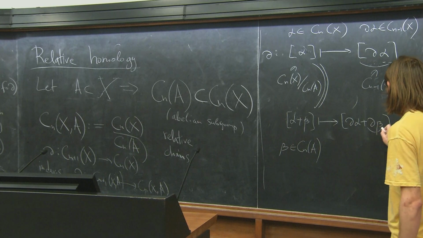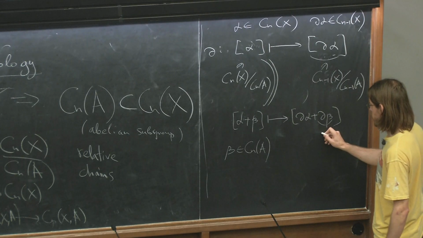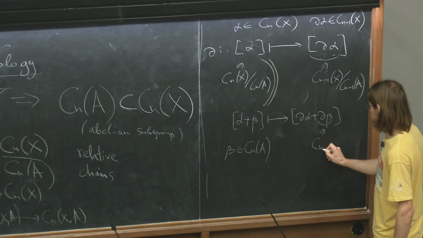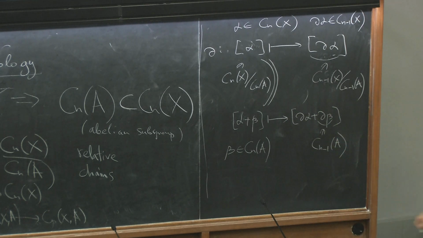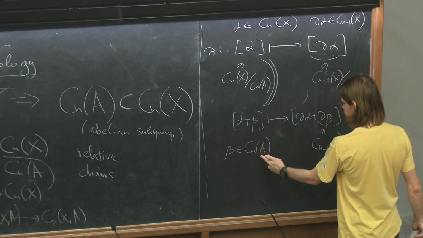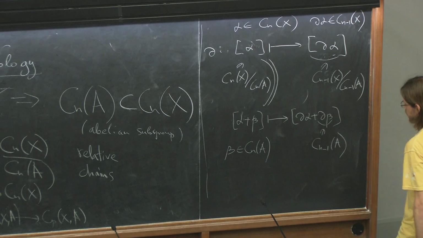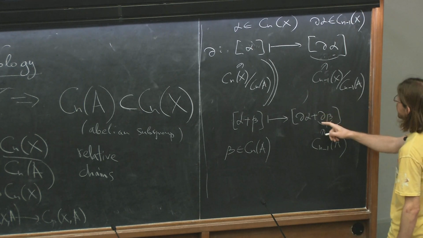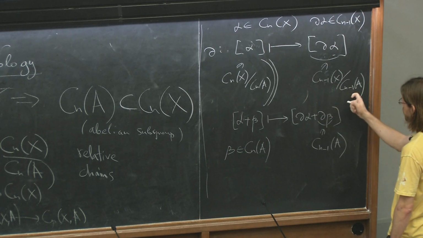But d beta will again be a chain in A: we started with a chain in the subspace, so the result of the boundary homomorphism will still be a chain in A, and then it's equivalent to 0 in this quotient.